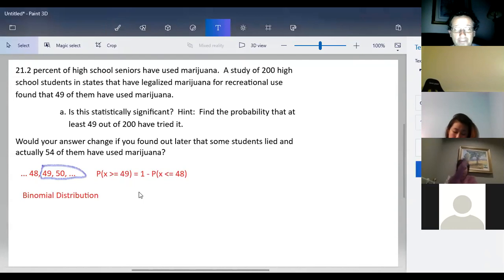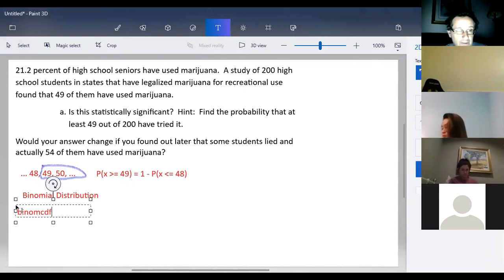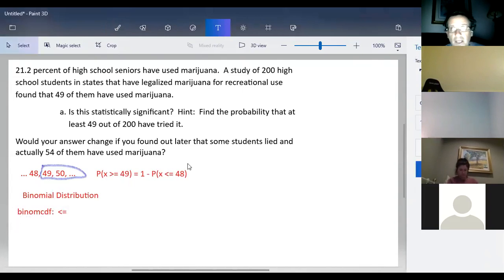And when you have a less than or equal to on your calculator, it's going to be binom CDF. And just a note, because I don't know if I'll have time to do an example of this, but if you have an equal, we're going to do binom PDF.